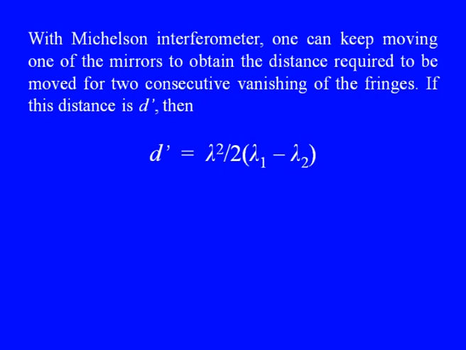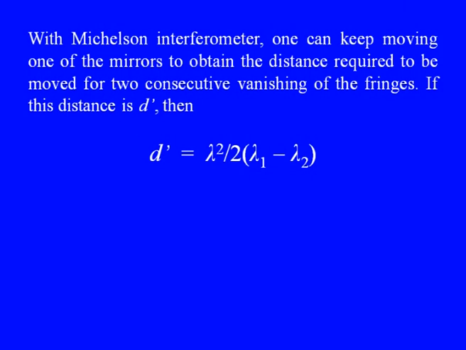With Michelson's interferometer, one can have a different method. One can keep moving one of the mirrors to obtain the distance required to be moved for 2 consecutive vanishings of the fringes. Let us understand this. Suppose for a certain distance the fringe pattern has vanished. This means maximum of one wavelength falls over the minimum of the other.